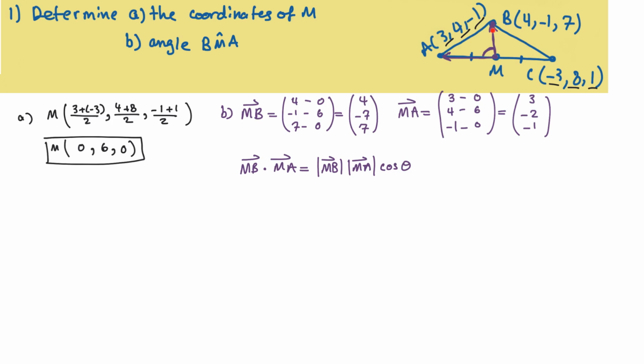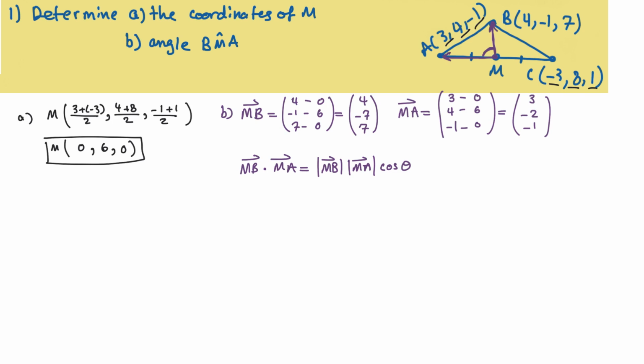So we couldn't just use BM and AM, for example, because then BM is going this way, AM is going this way, and the angle would be somewhere there. So if we want to find the angle, we need to make sure that our starting point is shared between the two. In this case, M is the point.